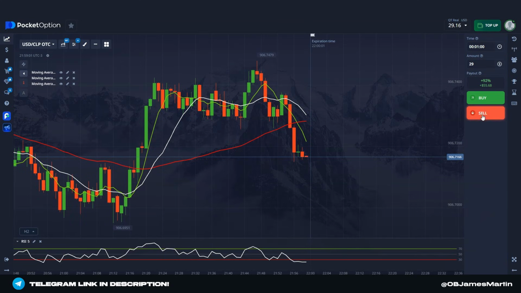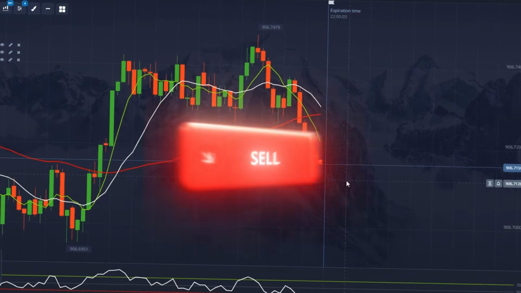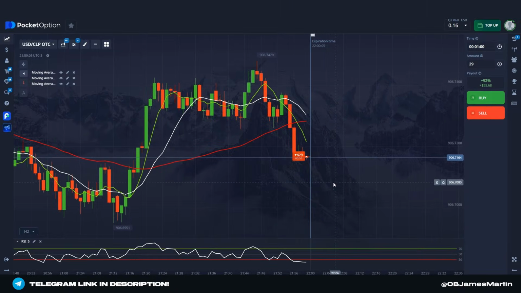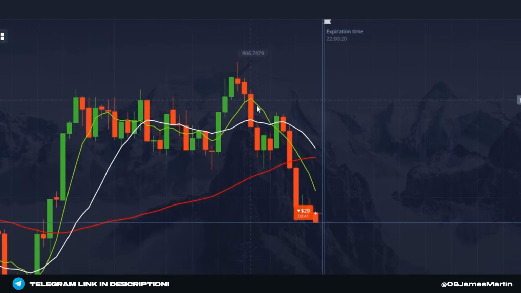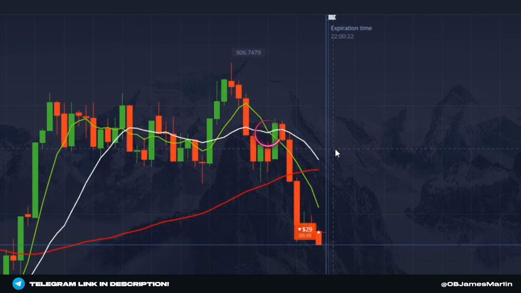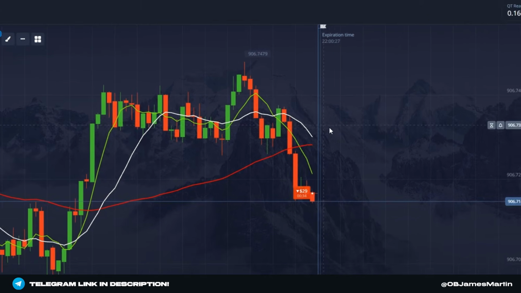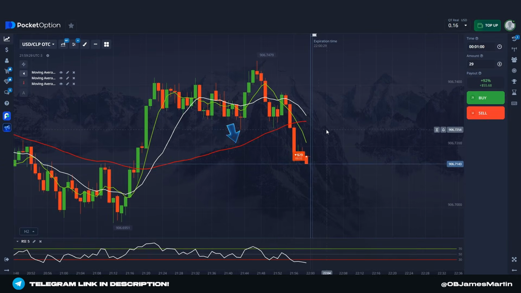Okay, guys, I want to show you a different moment, another kind from the previous 2. Right. So this moment is relatively different, as you can see right here. But how it's different is as follows: if the direction of the white line and the green line of the moving average cross each other, and it's down the red line across the red candle, as you can see right here, I put it down, the sell button.